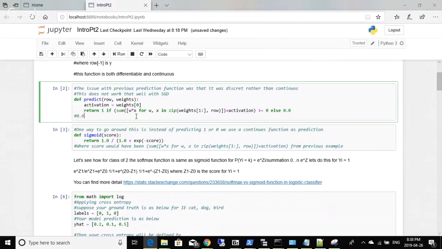A perceptron classifies 1 if it's larger than 0, otherwise 0.